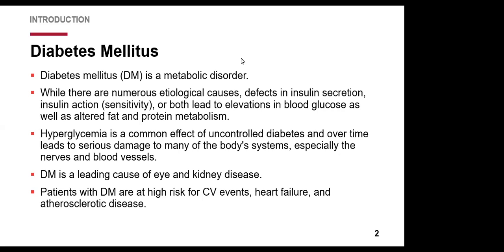And we know hyperglycemia is a common effect in these patients. Over time, it can cause damage to many systems, especially the nerves and the blood vessels. For that reason, it is one of the leading causes of eye and kidney disease. These patients also tend to be at a very high risk of cardiovascular events, like heart failure and atherosclerotic disease.